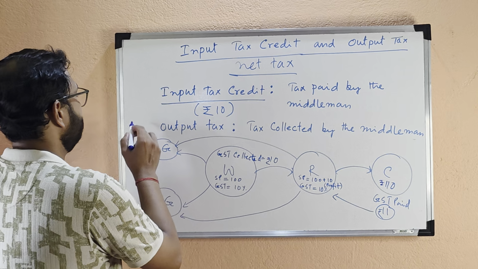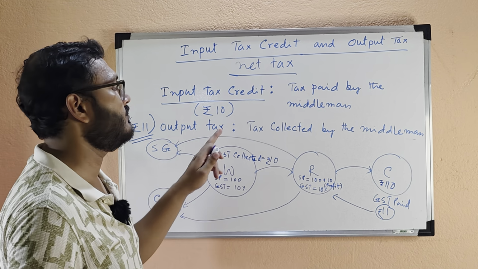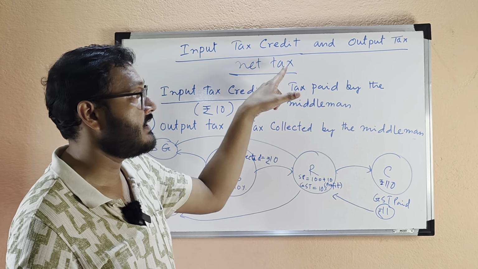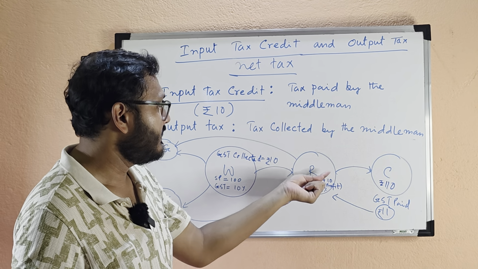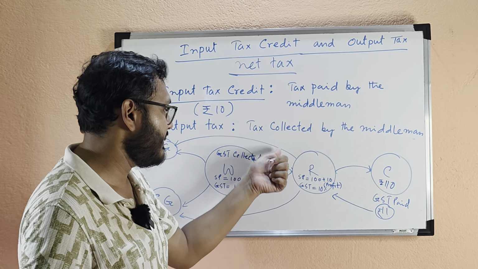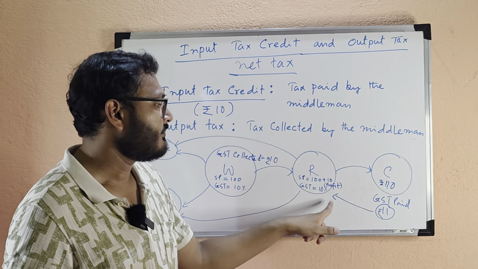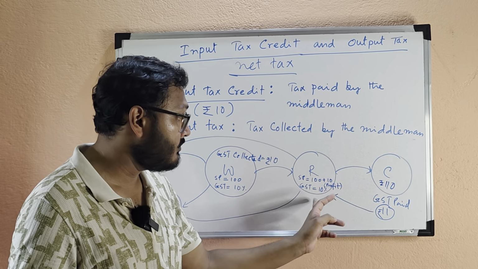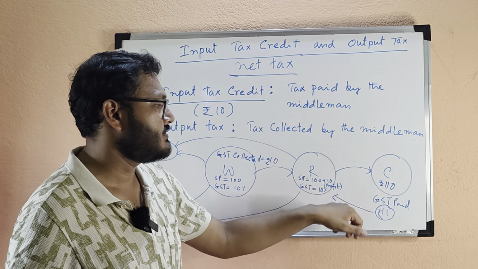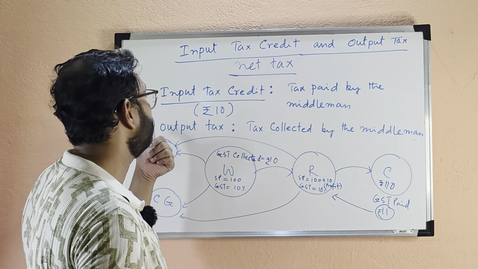This 11 rupees is the output tax. I hope it's clear by this example what is input tax credit and what is output tax. When the retailer bought the article from the wholesaler, the GST he paid, 10 rupees, is his input tax credit. And how much he collected when he sold it to the consumer, 11 rupees, is called output tax.